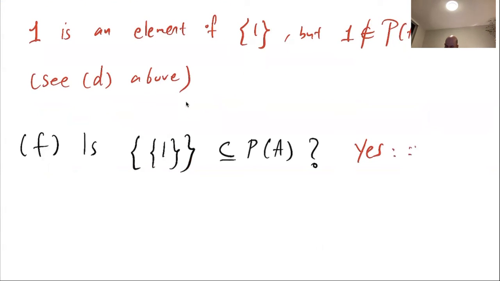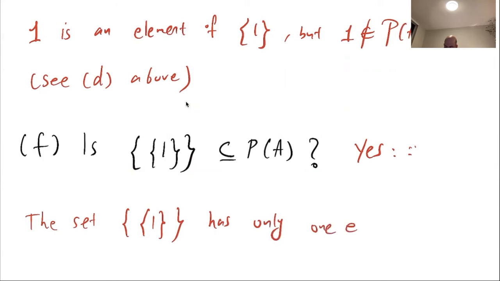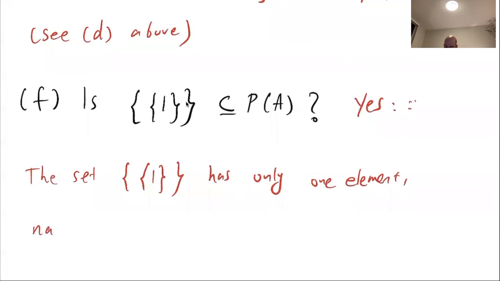So since this set has only one element, what is it? This is the set of which element? This is a set with only one element, because there is no comma, right?